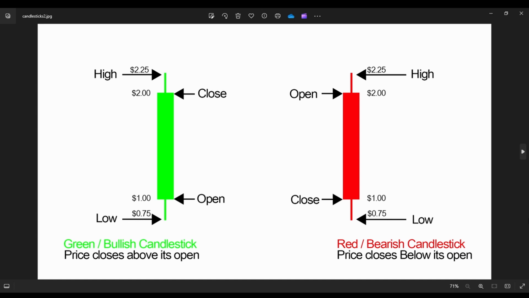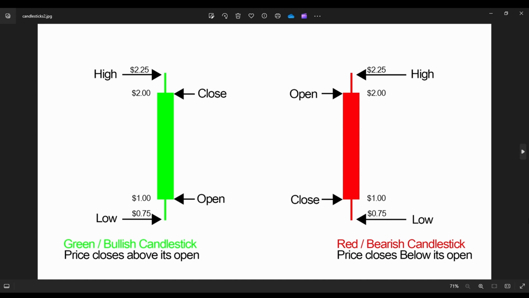So let's just think, for example's sake, we're on a 5-minute chart, right? We'll go over some real live examples after this. So what did we learn before? Each candlestick represents 5 minutes of price action, right?